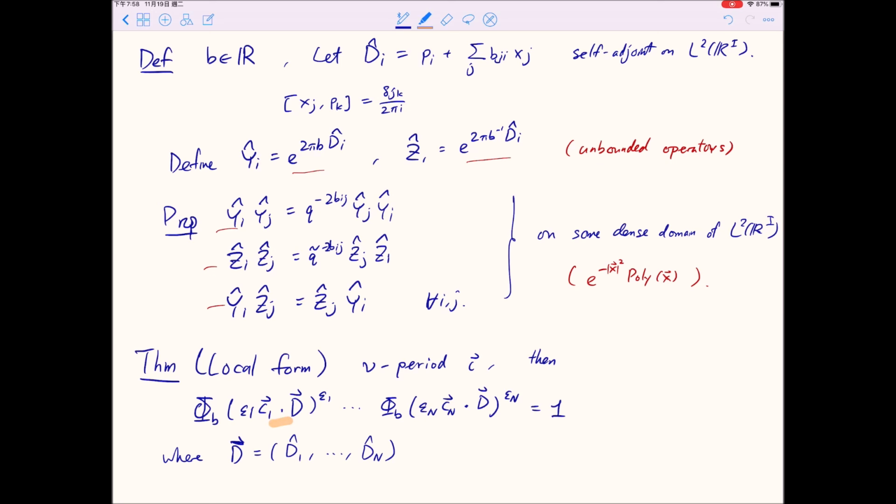With this dot product, you will get a combination of P and X, and you raise it to the exponential, you will get back Y.